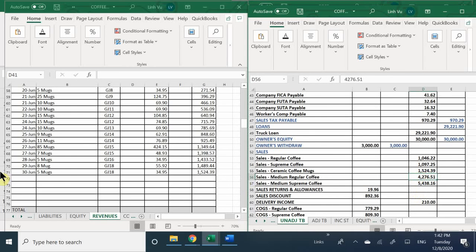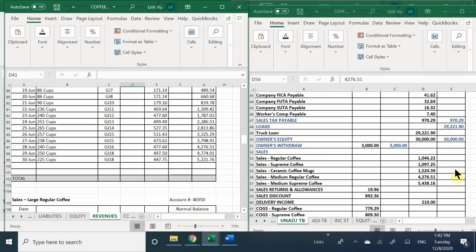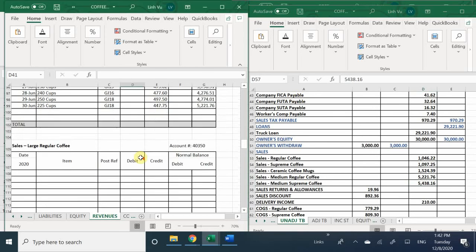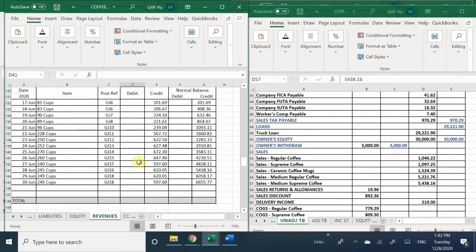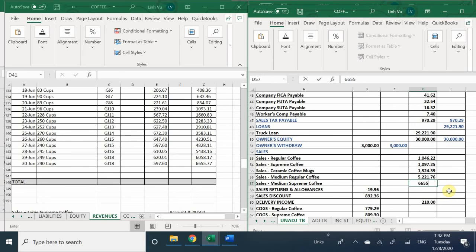What about my sales for medium regular coffee? 52.21 and 76 cents. And then lastly, what about my sales for medium Supreme coffee? 665577. That's right. Okay.